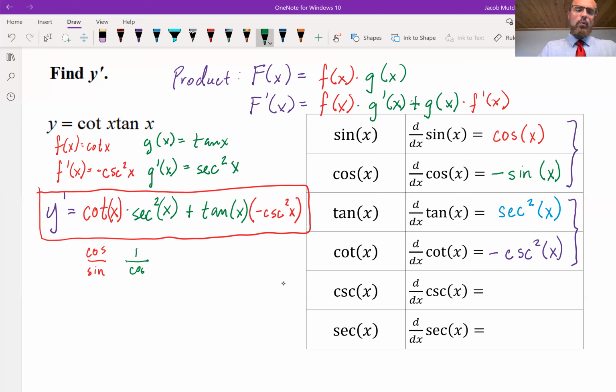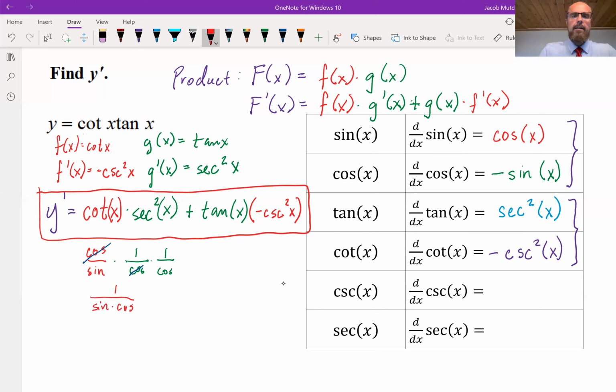And then the squared part is that I would write it twice. Now, if we just want to focus on this first product, so cotangent times secant squared, I can see that at least one of the cosines is going to cancel, and that would reduce to the fraction 1 over sine times cosine.